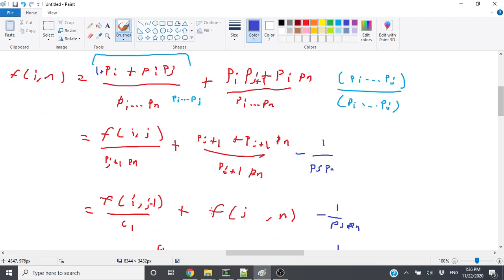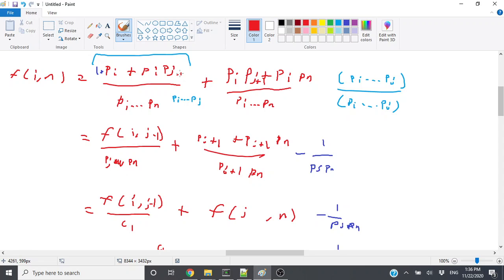So we have f of in is this. It's 1 plus pi plus all that up until n. This will go to j minus 1. What we're really interested in is j minus 1. J minus 1. And this is just j.